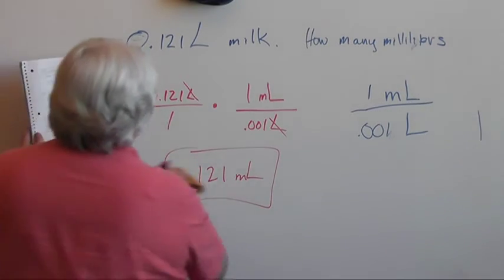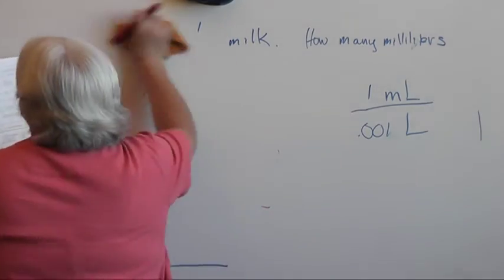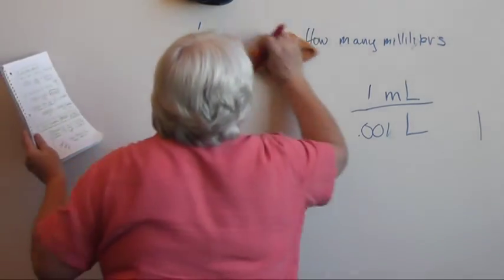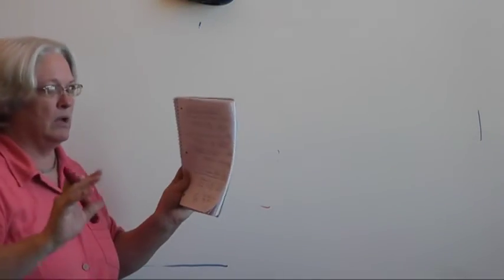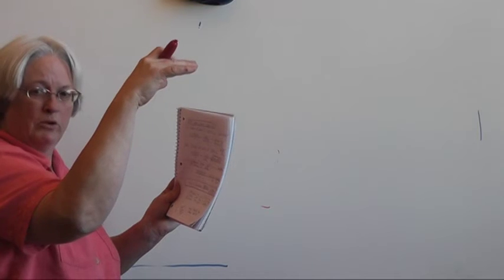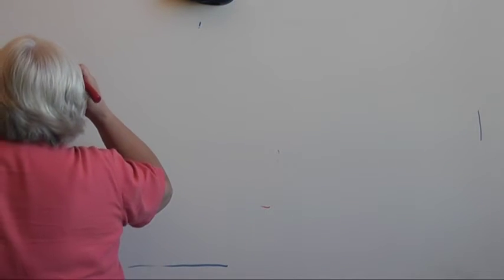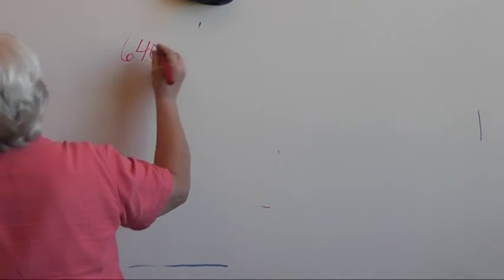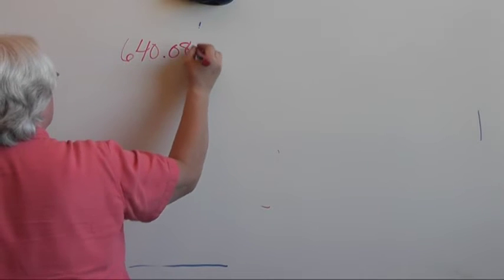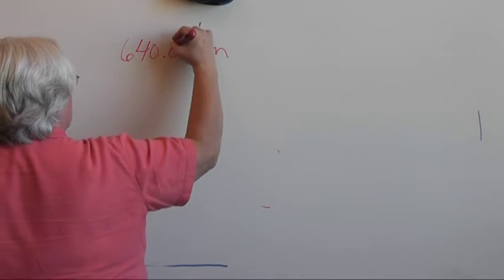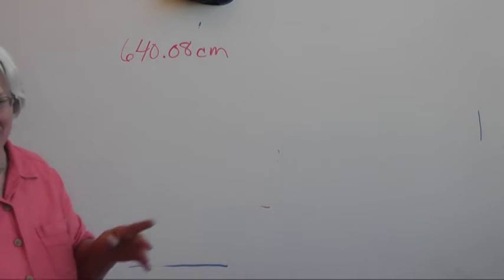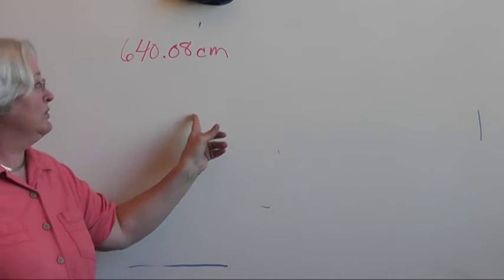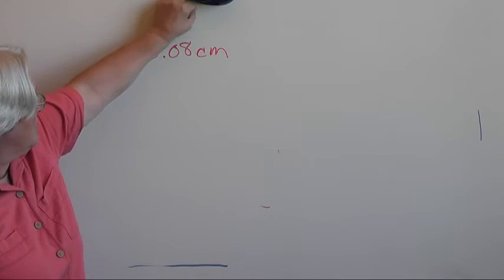Okay, now we are doing one that's distance. This says the distance from the 3-point line to the goal when you're playing basketball is 640.08 centimeters. So what does that tell you about distances on a basketball court?